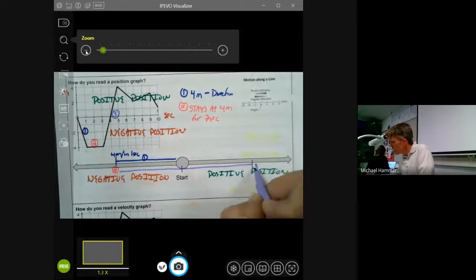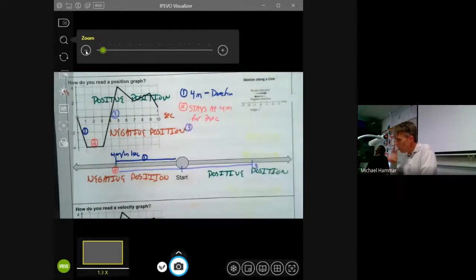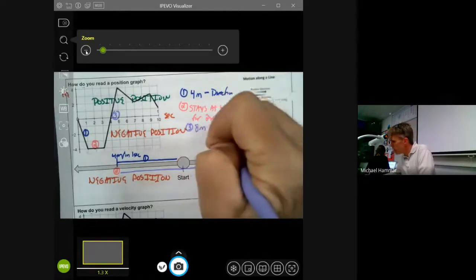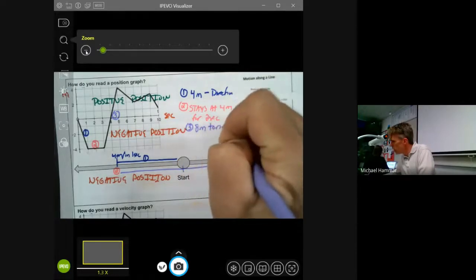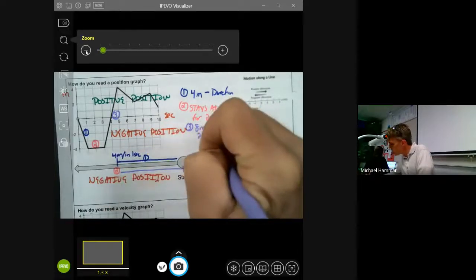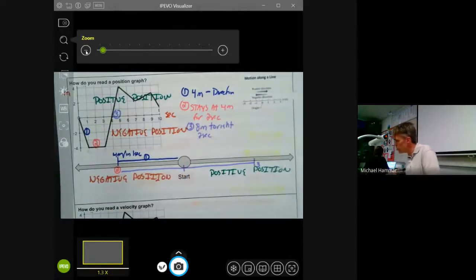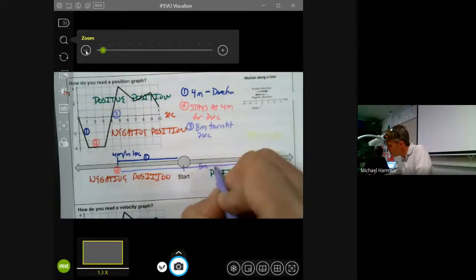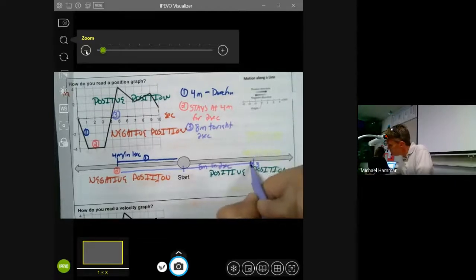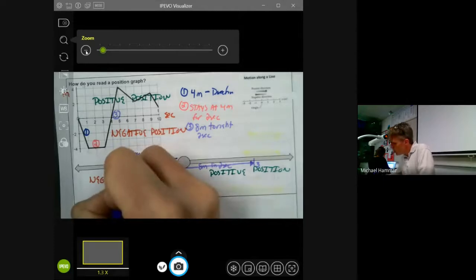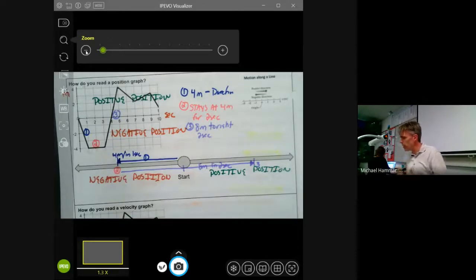So for step 3, we are heading 8 meters to the right over 2 seconds. So in the next 2 seconds, we move 8 meters to the right. Okay? So what you're trying to do is break apart what is going on here.